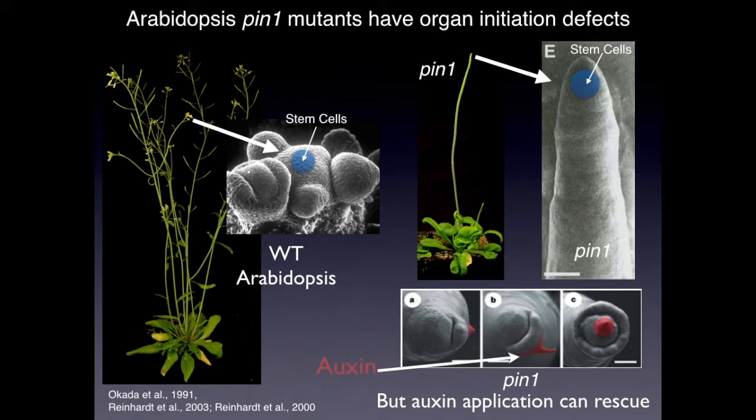But probably one of the key experiments for trying to understand what PINs do came from this experiment, and that's where if you take a little dollop of auxin in a lanolin paste and apply it to that meristem, you can actually recapitulate organ initiation. And this led to the idea that what pin1 was doing was actually concentrating auxin in the meristem, and that concentration of auxin is necessary for organ initiation.